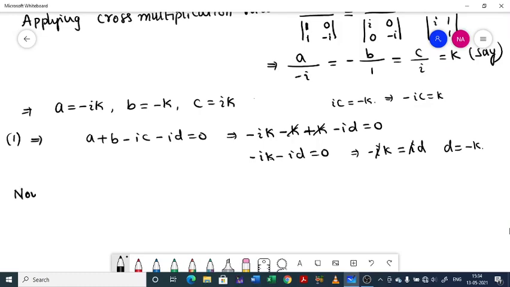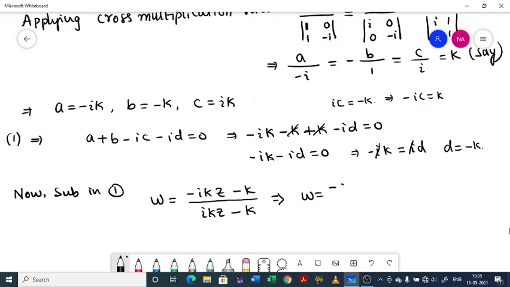Now substituting in 1, we will have W equal to A, that is minus IK Z, plus B, that is minus K, divided by CZ, that is IKZ, plus D, minus K. So K you can cancel from both numerator and denominator. It will be W equal to minus IZ plus 1 divided by IZ minus 1.